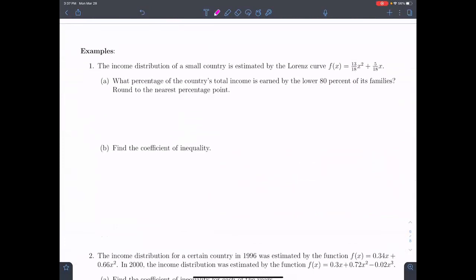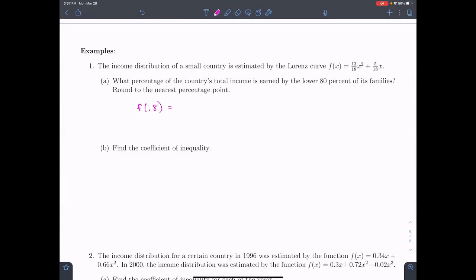The income distribution of a small country is estimated by the Lorenz curve given by this function f of x. What percentage of the country's total income is earned by the lower 80% of its families? So we are going to do f of 0.8. It will tell us what the lower 80% of the population contributes to the economy.